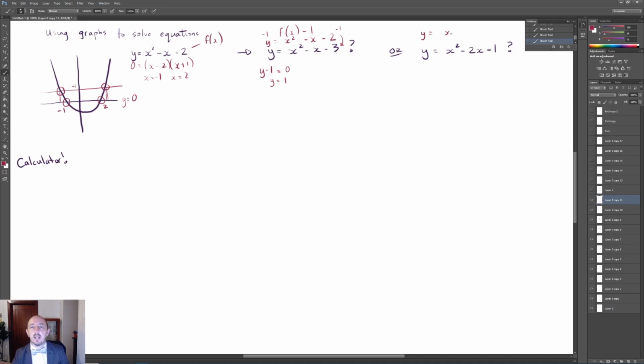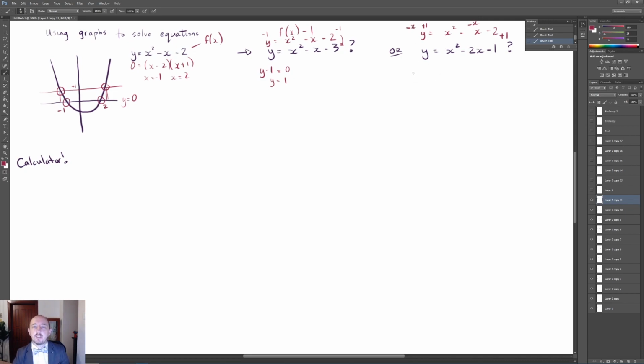We have y equals x squared minus x minus 2. When I look at these two equations now, I have to plus 1 to go from minus 2 to minus 1, so I'm going to do plus 1 here. And to go from minus x to minus 2x, I've got to minus an x, so I'm going to minus an x from this side.